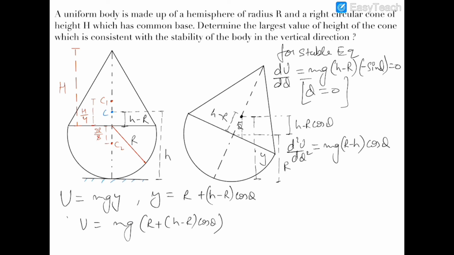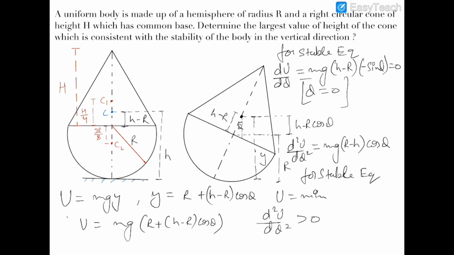So for stable equilibrium, this double derivative should be greater than 0, because we know that for stable equilibrium U is minimum, and therefore d square U by d theta square should be greater than 0.